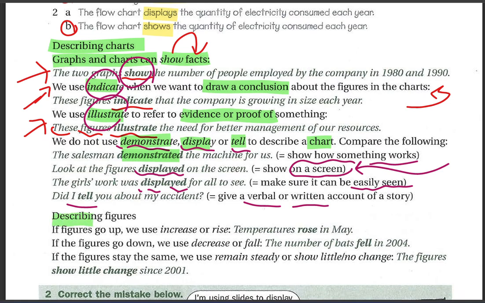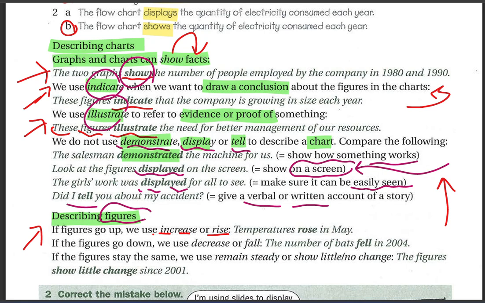Here, describing figures. Figures here means numbers, yes? The numbers in graphs and charts. First, if figures go up, we use increase or rise. Temperatures rose in May. So when it goes up, you can use increase and rise.